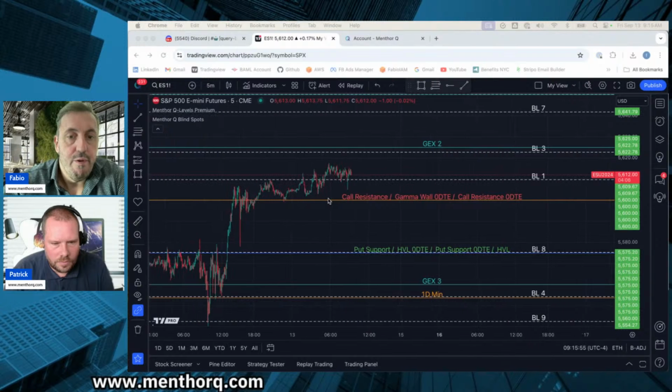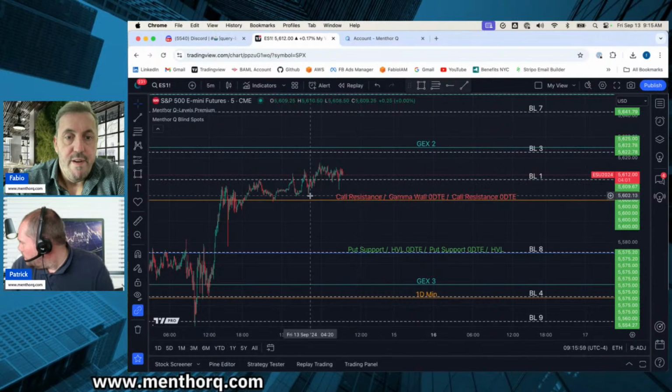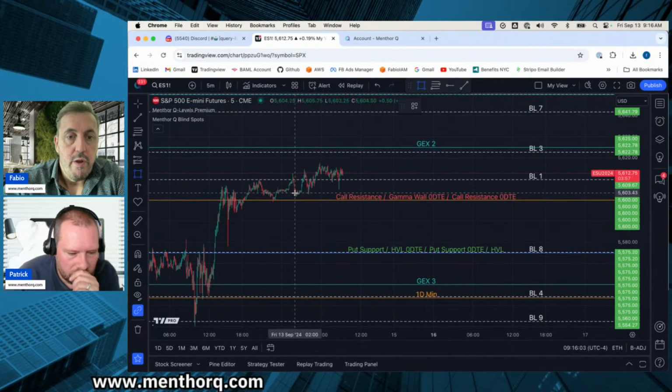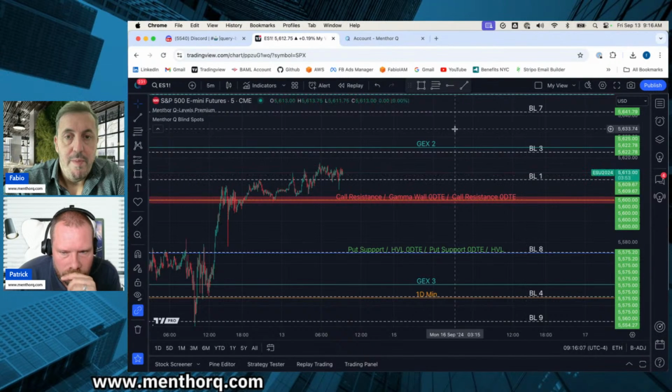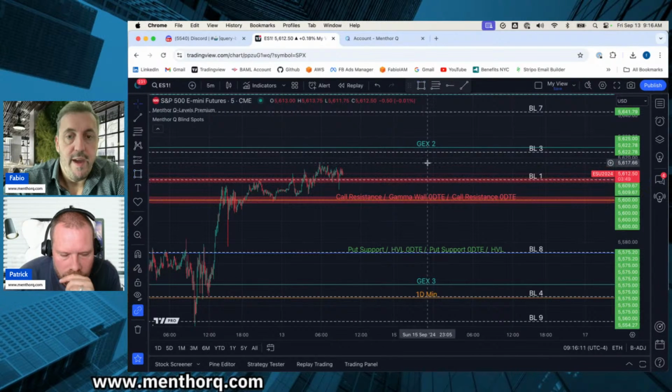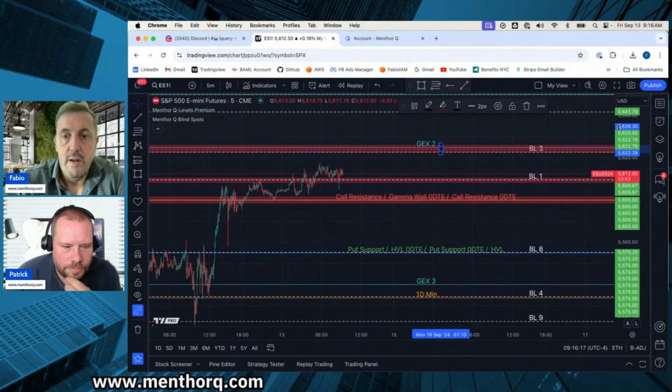These are the levels for the morning, and as we can see, we have a nice consolidation through the night on the core resistance level here, and now we are also adding the blind spots. We are finding support around this level, and then obviously we have our GEX2 blind spot 3 level right here.